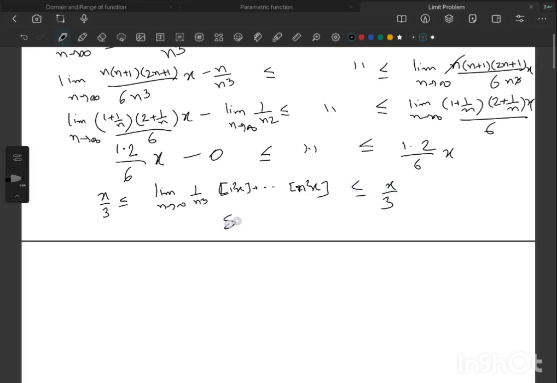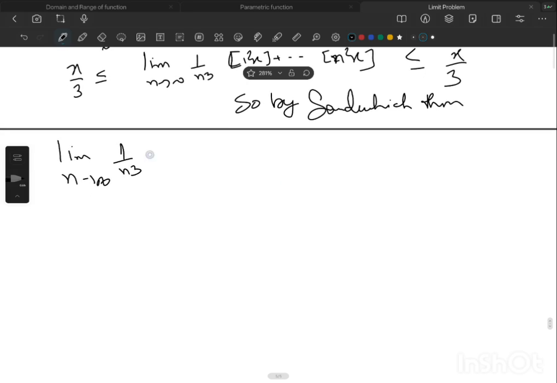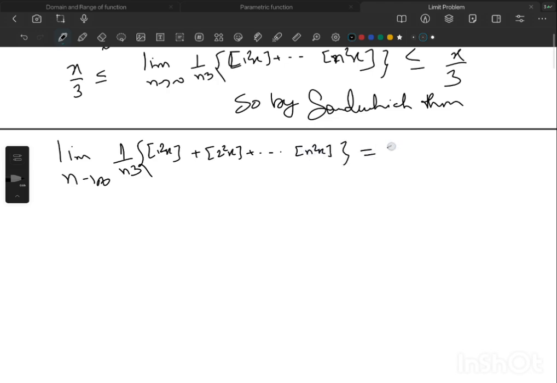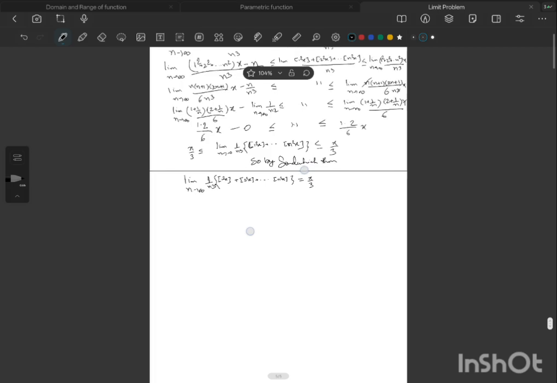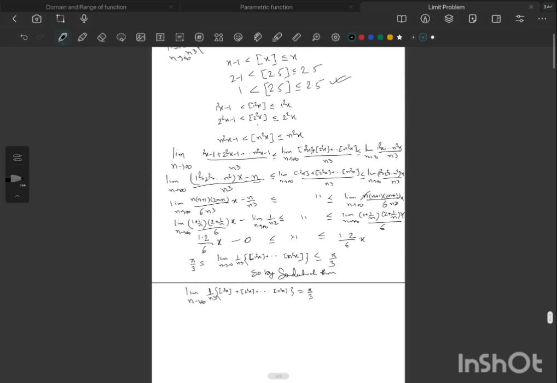So by the sandwich theorem, the limit of this function is nothing but x by 3.